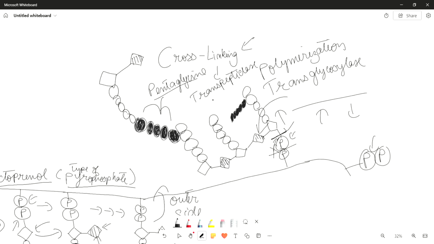Another name for this is penicillin binding protein. Transpeptidase catalyzes the cross-linking between different chains of peptidoglycan with the help of pentaglycine. So the pentaglycine is what forms the cross-link between the peptide chains, and this is the entire step, or a brief version, you could say, of cell wall synthesis.